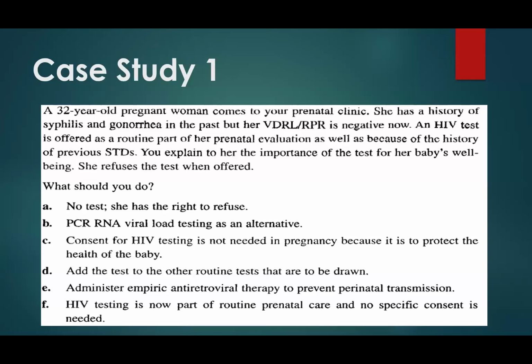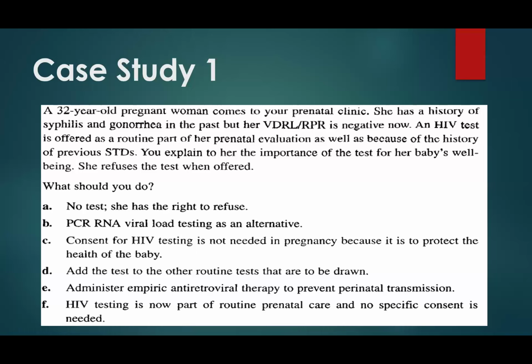A. No test. She has the right to refuse. B. PCR RNA viral load testing is an alternative. C. Consent for HIV testing is not needed in pregnancy, but it is to protect the health of the baby. D. Add the test to the other routine tests that are to be drawn.